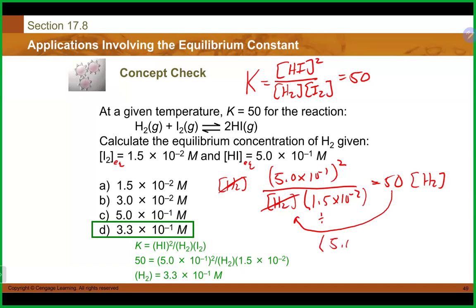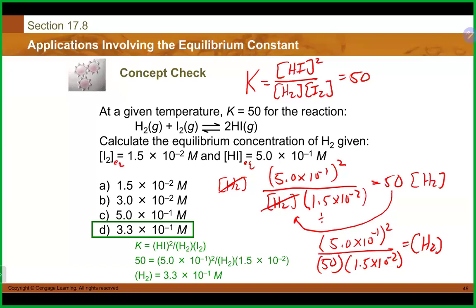If you do that, you'll get the setup on the bottom there. You'll get 5 times 10 to the minus 1 squared divided by 50 as it comes to the other side, and 1.5 times 10 to the minus 2 will equal our H2 concentration. I'm assuming this box there is the right answer, but let's double check. You never know, I suppose.